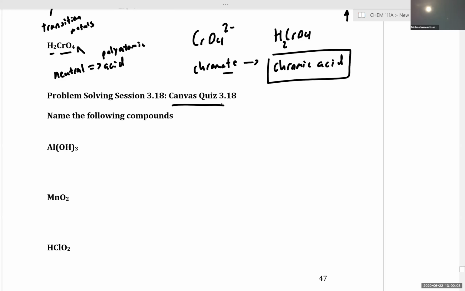You'll just get a compound and then you'll have to name it using the standard naming rules. And we'll discuss in about 3 minutes.